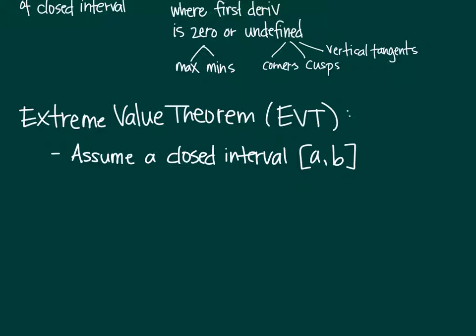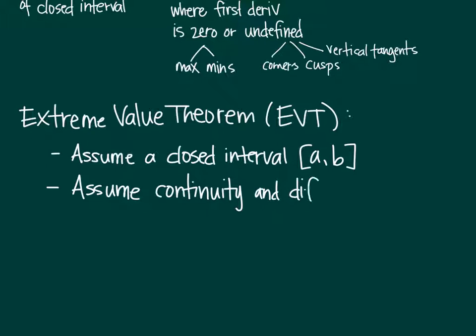Not only do you have to have a closed interval, but you have to be able to assume both continuity and differentiability. Okay, assume those two things. Actually, you really only have to assume one of them.